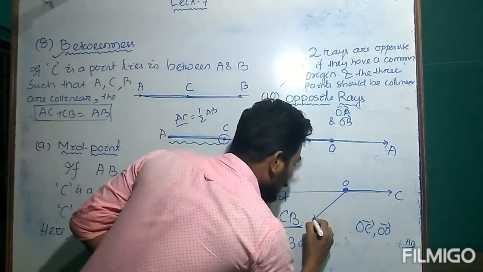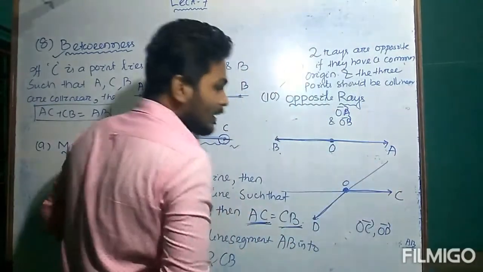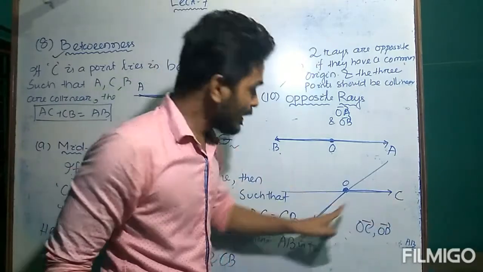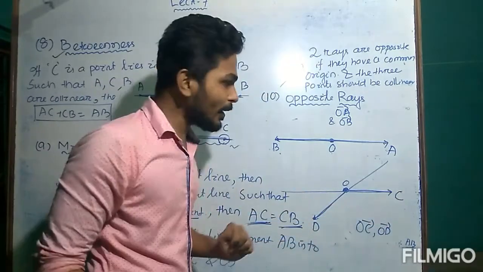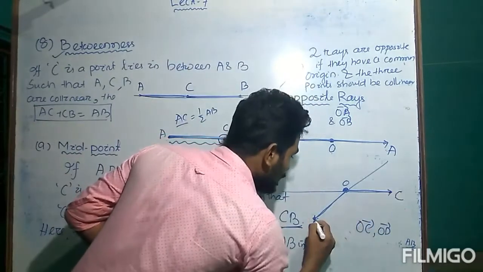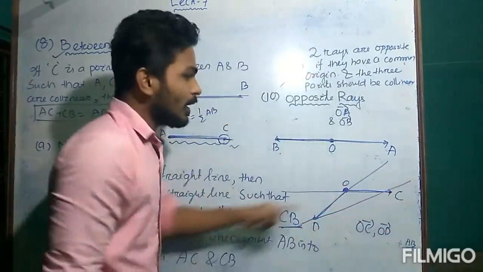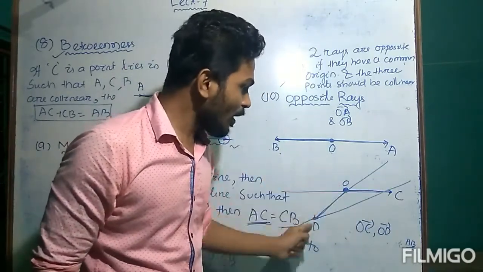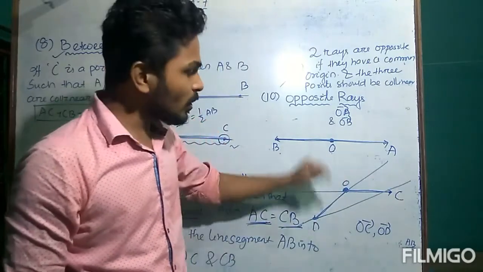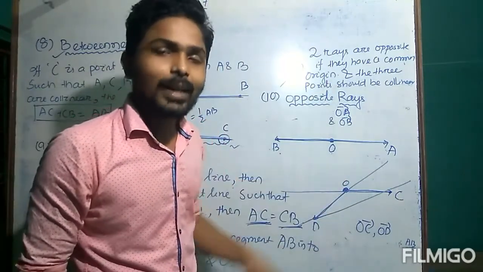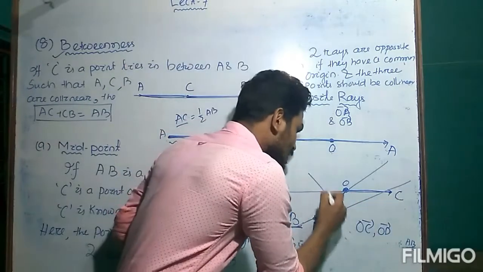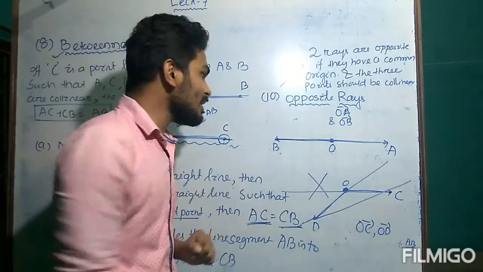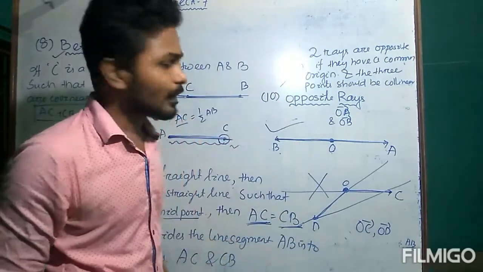Again, if you draw a straight line by joining the 2 points D and O, then the point C doesn't lie on this straight line. So C is a non-collinear point. Here D is also a non-collinear point. Again, if you join the 2 points D and C, then also the point O doesn't lie on this straight line. So in this case, the 3 points are not collinear. They are non-collinear points, so they will not lie on a single straight line. Hence, these 2 rays are not opposite rays. But here in this case, the 2 rays are opposite.